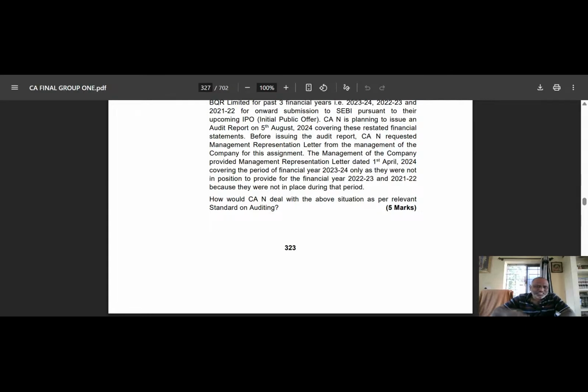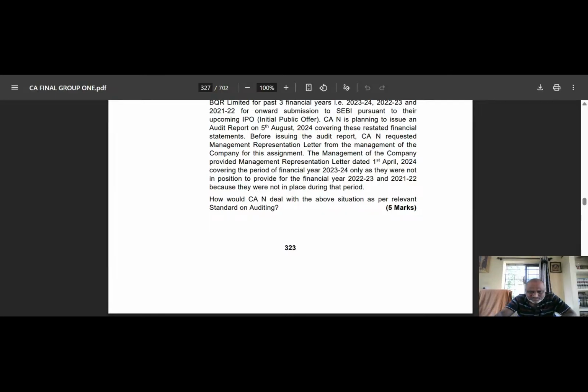Accordingly, the requirement for the auditor to request from them a written representation that covers the whole of the relevant period still applies. Therefore, as per the above requirement of the Standards on Auditing SA 580, the CA should take a written representation letter from the management of BQR Limited for the financial years 2022-2023 and 2021-22 also.